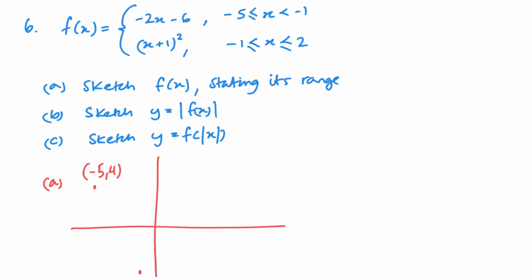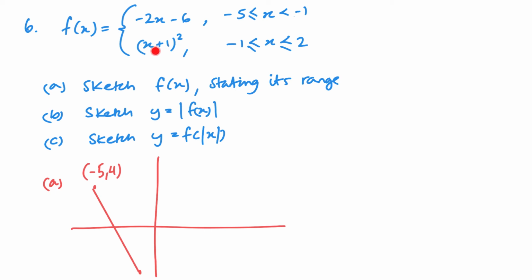I'll rub this out. Let's get my ruler out. Now it's a straight line. I will just roughly join it up. I know it's a sketch, but I'm just going to use a ruler here just to help me out. And that's my first bit. So even though it isn't actually equal to that -1, I can draw it up to that point because everything up to that exact point.